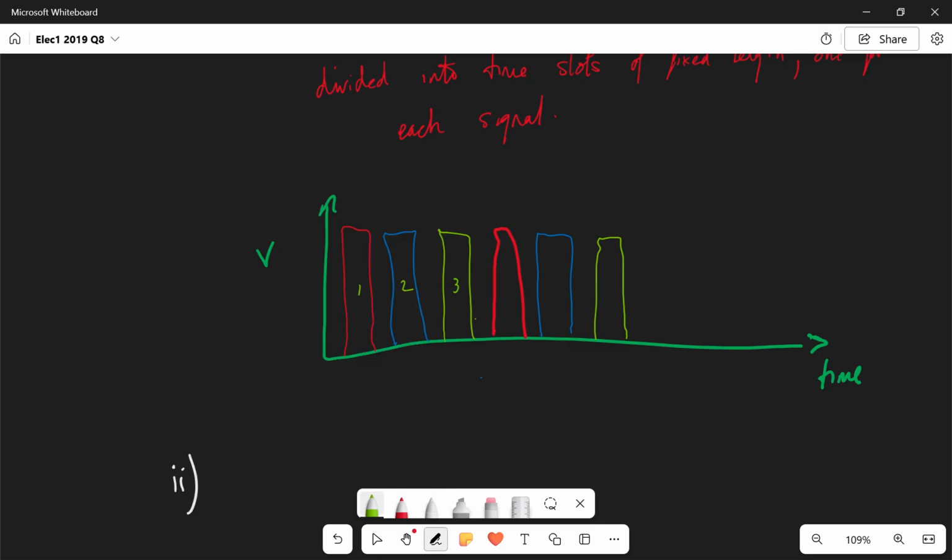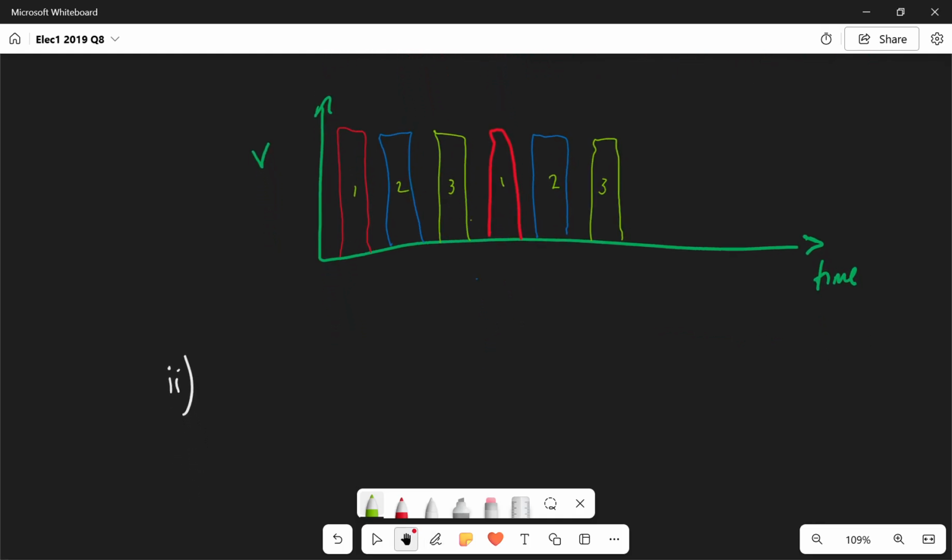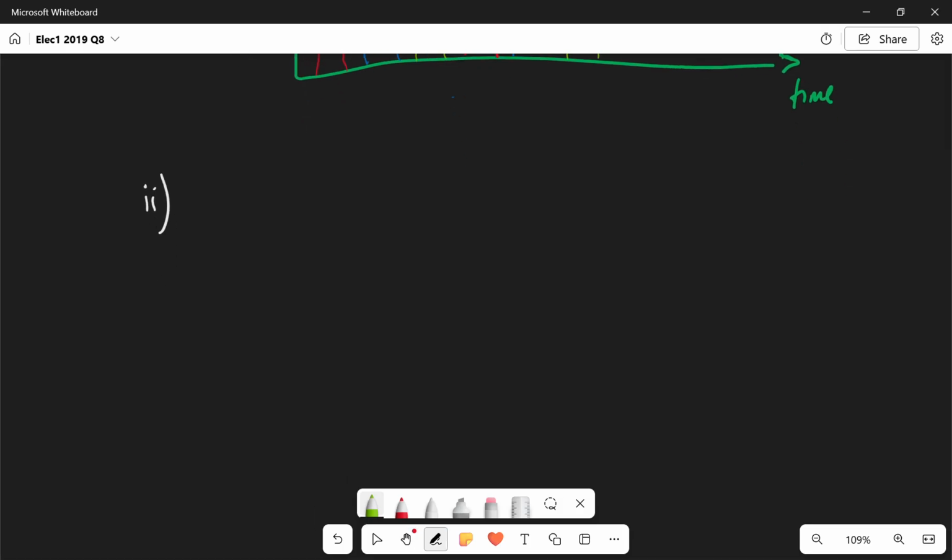Where these second time slots are again in order of 1, 2, and 3, and you repeat this process, so that you can actually send 3 communication links down the same cable or channel all at the same time, but divided up in time, given their individual time slots.